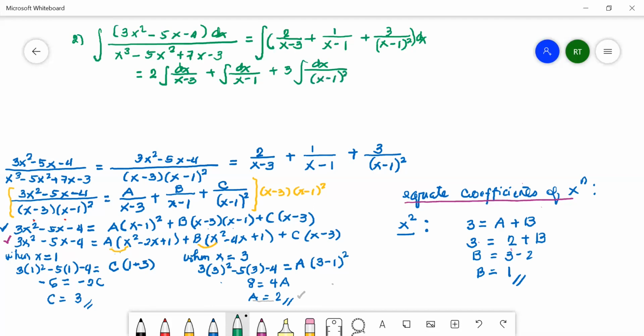Now, the first two integrals lead to logarithm since the numerator is exactly the differential of the denominator.